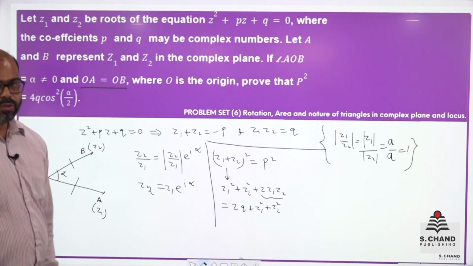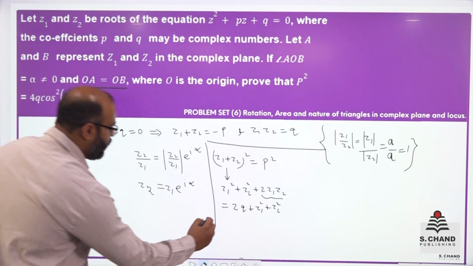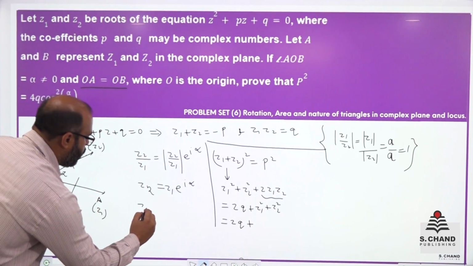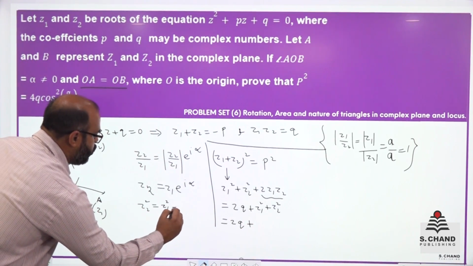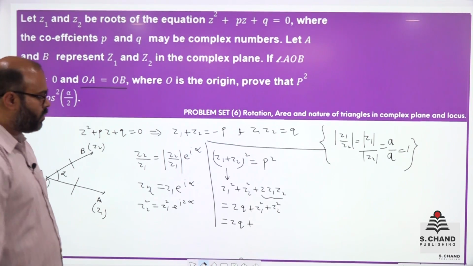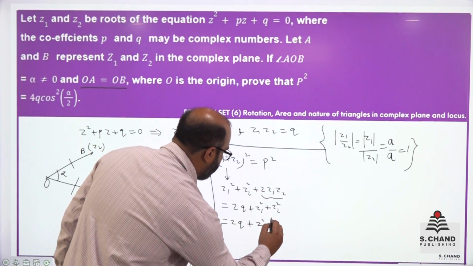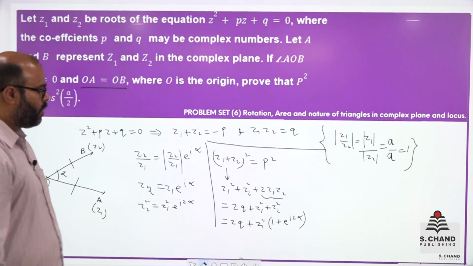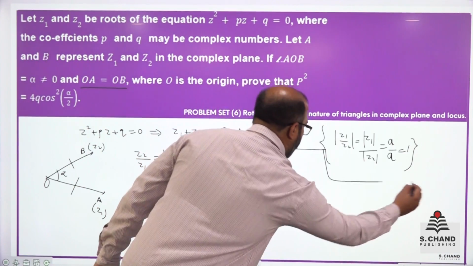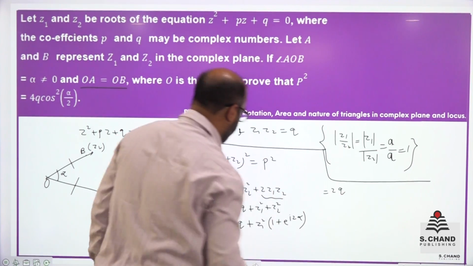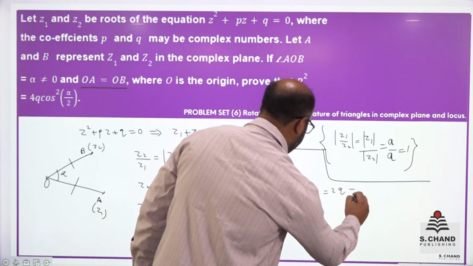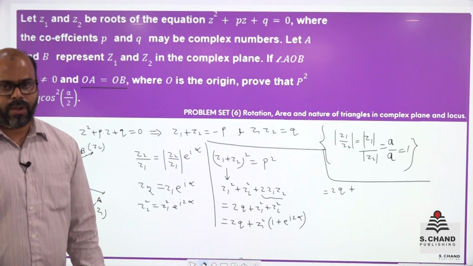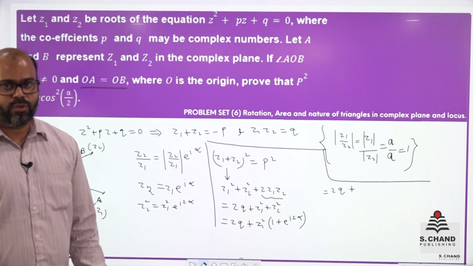Now for z1 square and z2 square, we can write it as 2q plus, z2 square is z1 square e to the power iota 2 alpha. So you take z1 square as common, 1 plus e to the power iota 2 alpha. So this will become 2q plus z1 square into 1 plus e to the power iota 2 alpha. So e to the power iota 2 alpha is cos 2 alpha plus iota sin 2 alpha, right?